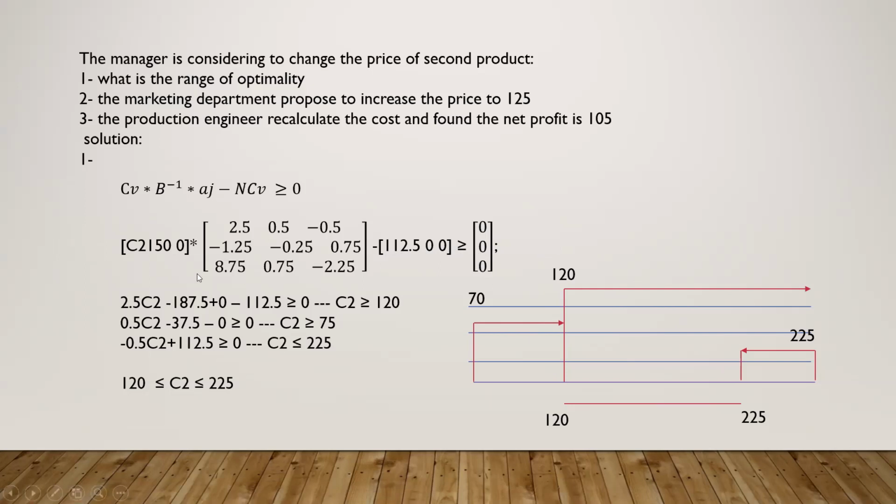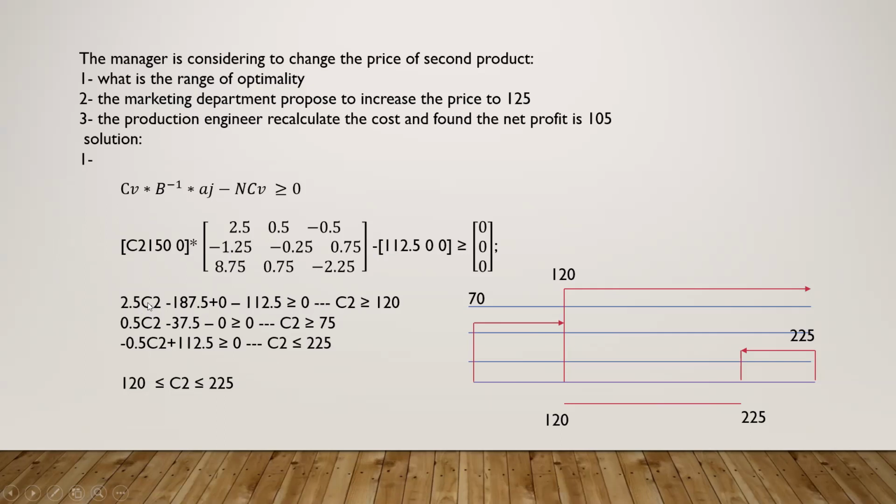So you're going to make only simple multiplication. You multiply this row with this column. Then you will do it again. So when you multiply C2 by 2.5, then 150 by minus 0.15, then 0 by 8, so minus 112, you get this equation. So simple linear algebra.